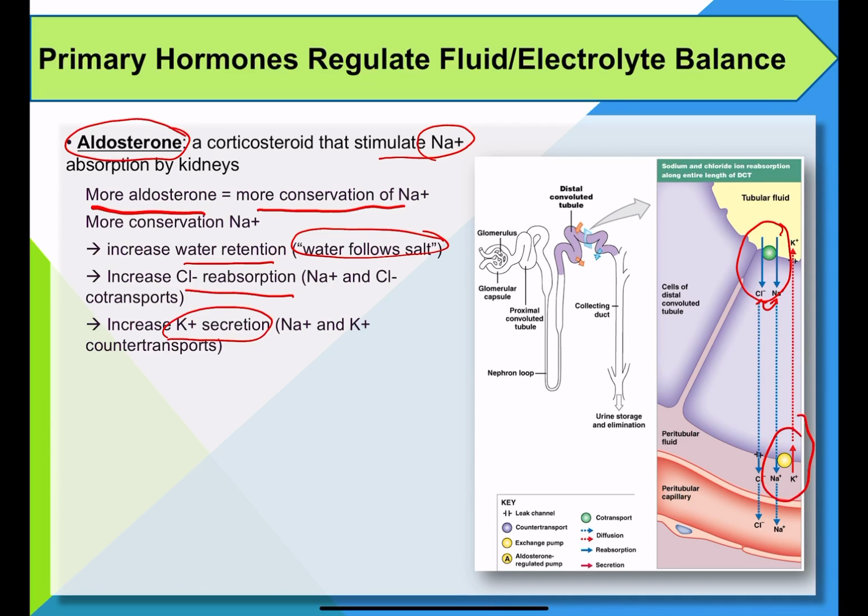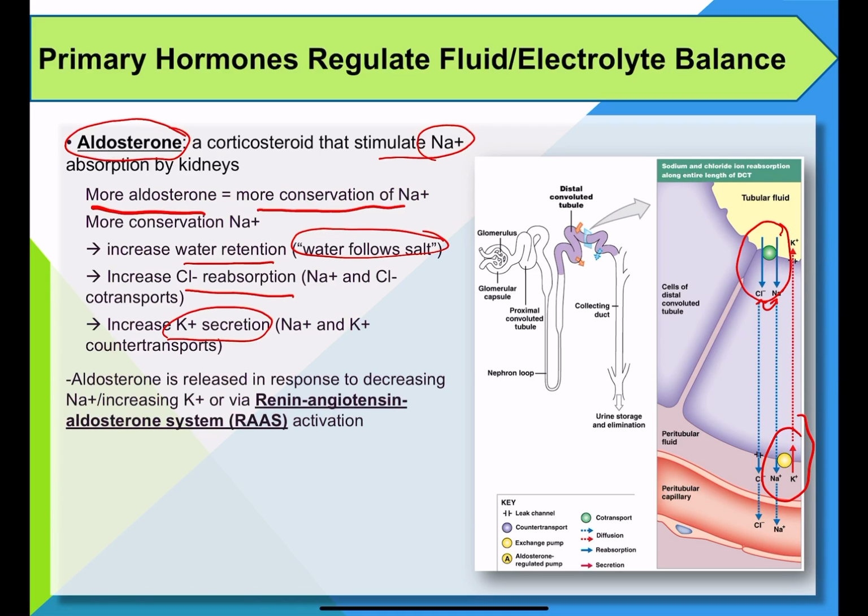So the more sodium ions that you're reabsorbing, the more potassium ions you will be excreting into your urine. So that's why in the last chapter, we talked about how if you have excessive aldosterone stimulation, then that's going to give you a case of hypokalemia where you have too low of potassium because you're just excreting all those potassium out.